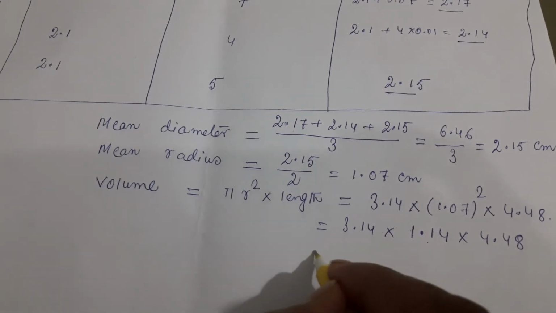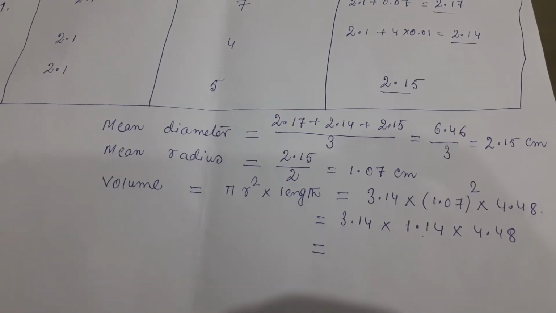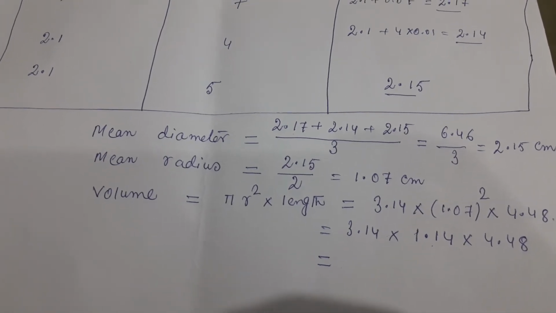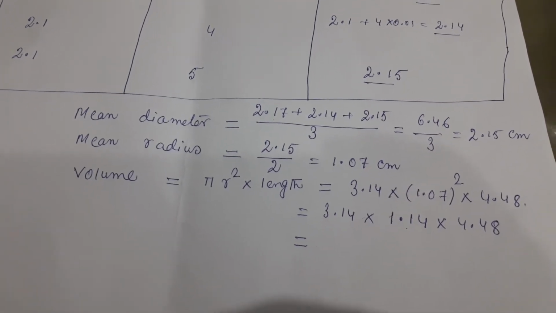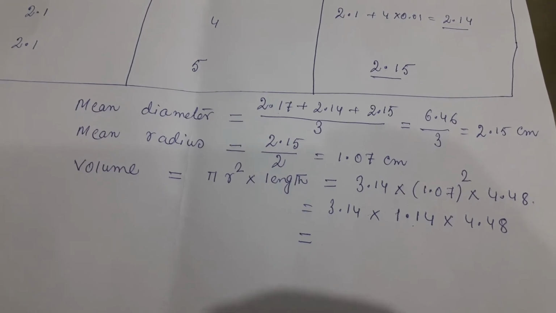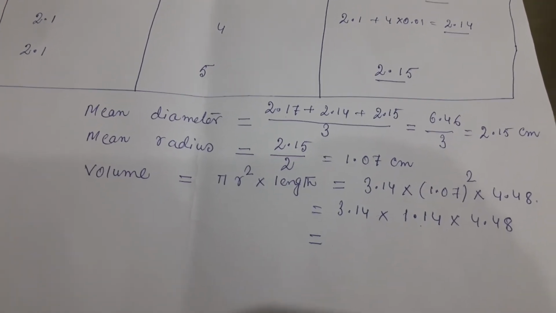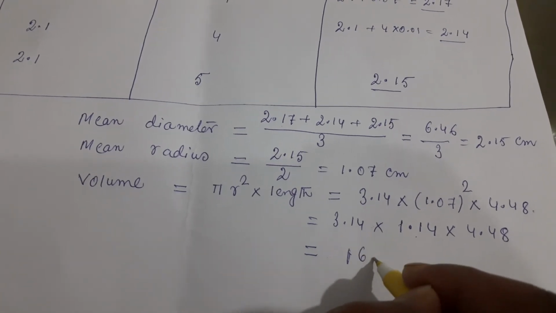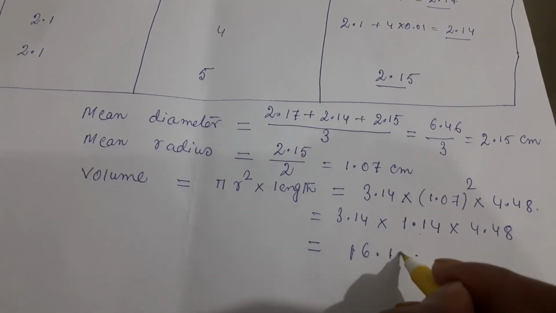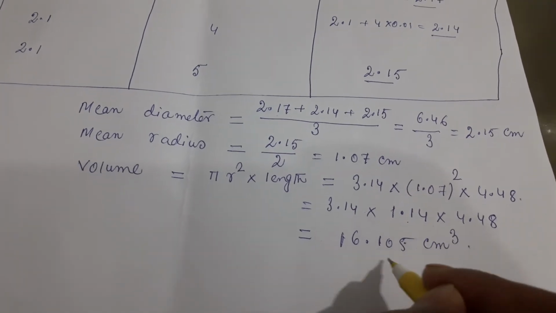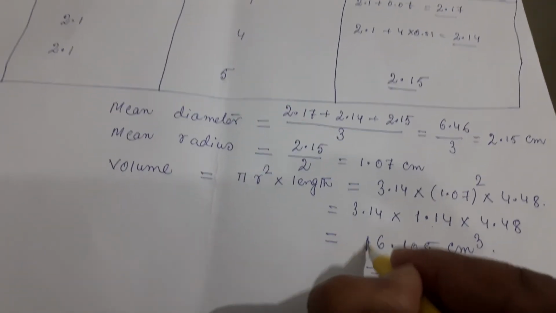These all values will come in centimeter cube. Okay, so now we are doing the final calculation. 1.14 into 3.14 into 4.48. So actually this is coming as 16.105 centimeter cube will be the actual volume of this one.